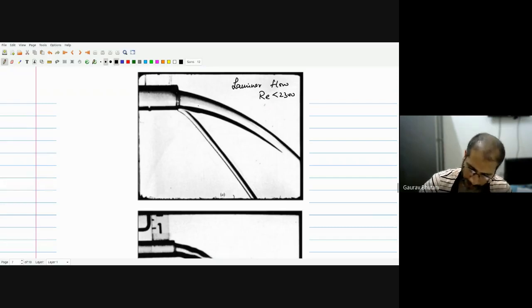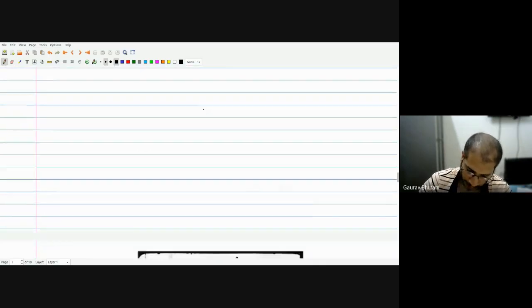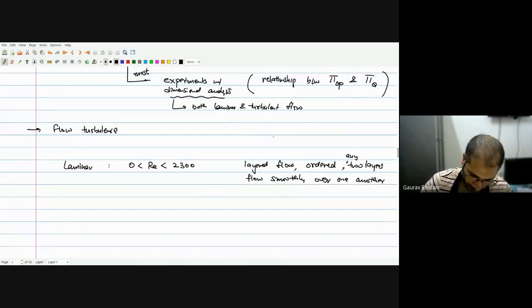But if you increase the Reynolds number, well, let me tell you how Reynolds number is defined here. In fact, this is Reynolds number defined using the diameter of the pipe. So this is the characteristic velocity V times the diameter of the pipe divided by the kinematic viscosity nu of the fluid.